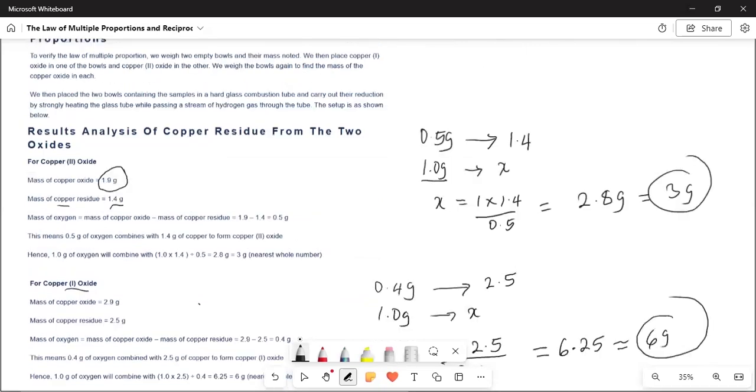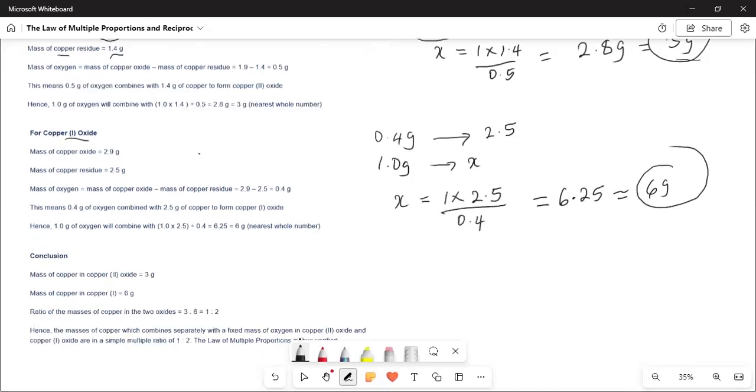After our analysis, we have 0.5 gram of oxygen in copper 2 oxide and 0.4 gram of oxygen in copper 1 oxide. Now we are taking a standard of 1 gram, so if 0.5 gram combined with 1.4 gram of copper, then 1 gram of oxygen will combine with, by our calculation, 3 gram. Then we do the same thing for copper 1 oxide.